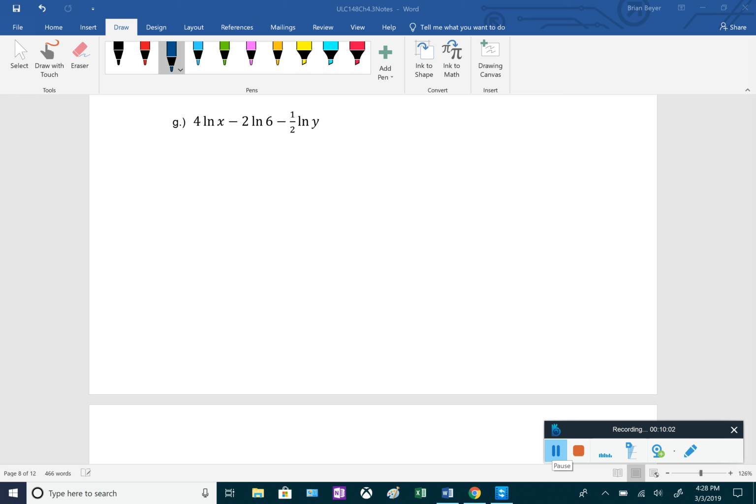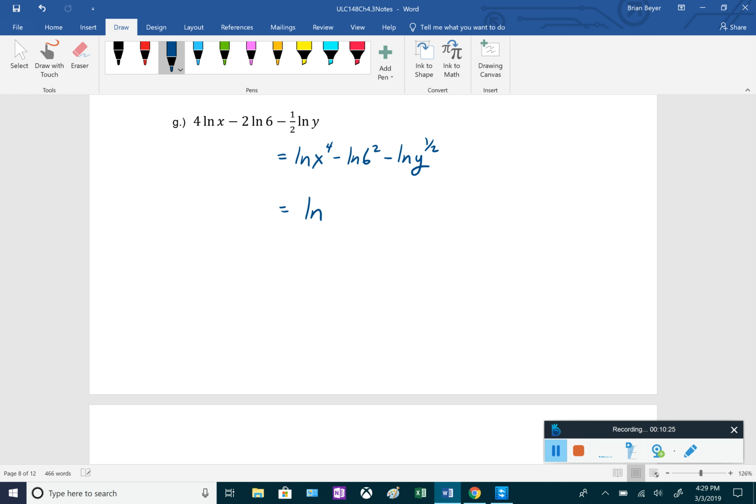Next one, we got 4 ln x minus 2 ln 6 minus 1/2 ln y. So we need coefficients of 1, so it's going to be the power rule first. So ln x to the 4th minus ln 6 squared minus ln y to the 1/2. So we can combine them all into 1 ln.